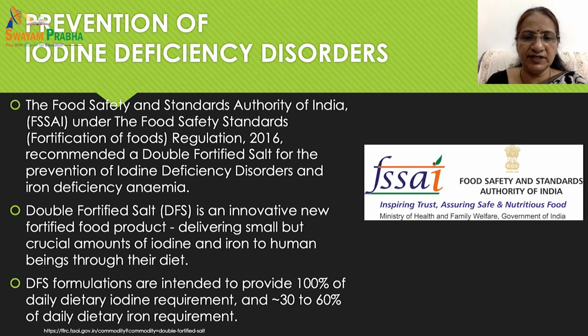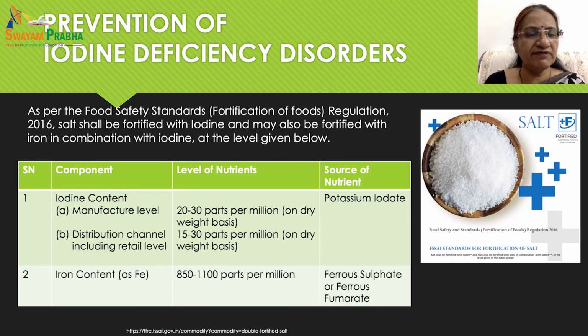Dual fortification of salt with iodine and iron could be a sustainable approach to combat iodine and iron deficiencies. As per the Food Safety Standards, Fortification of Foods, Regulation 2016, salt shall be fortified with iodine and may also be fortified with iron in combination with iodine at the level given below.